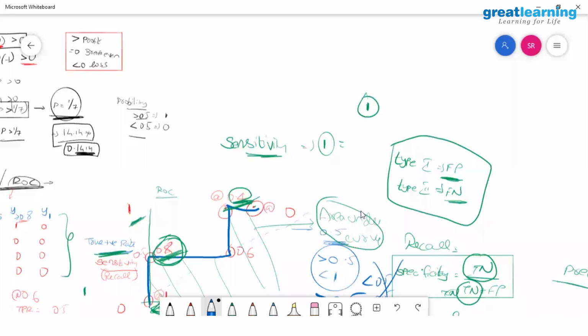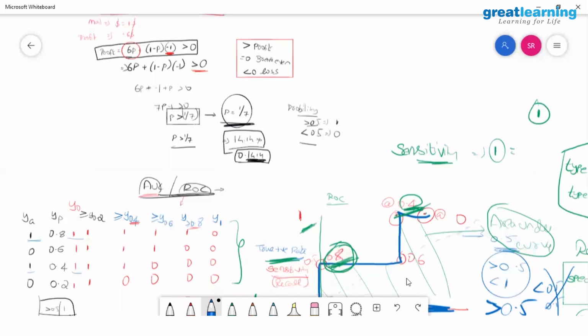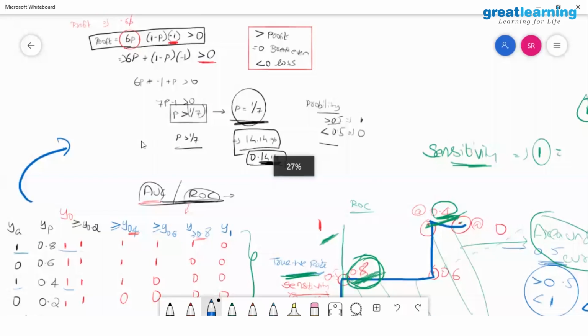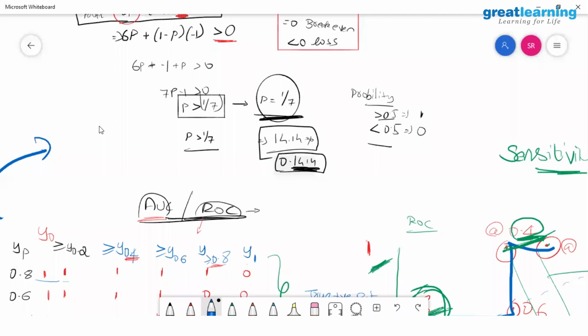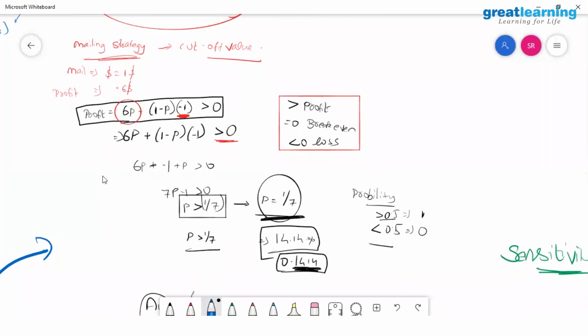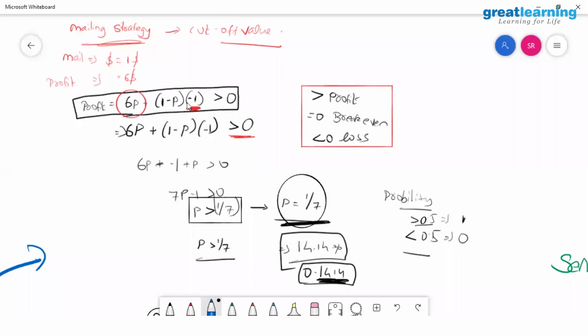Similar to that, I wanted to explain this simple example, the mailing strategy. This was an example taught as part of our program, so I am trying to recall. If I mail to a person and he purchases the product, it is $6 profit, and the cost of mailing incurred is $1.